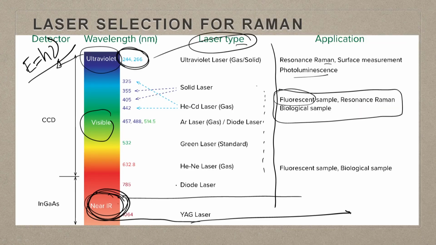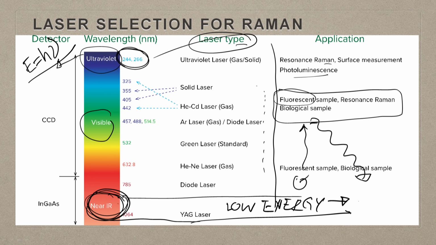And then we talk about the lasers, and we talked about that if you use a low energy laser, then your chances of minimizing fluorescence are higher versus a high energy laser, where it will eject an electron, and that electron, once it is ejected from its surface, will take its own course to get back to its ground state, and during that time it will give a lot of fluorescence, phosphorescence, photoluminescence, all sorts of signatures out there. Okay, so you have to be careful with it.